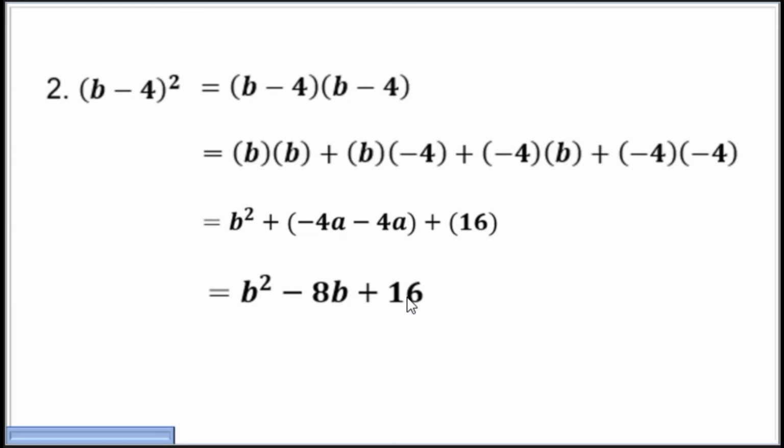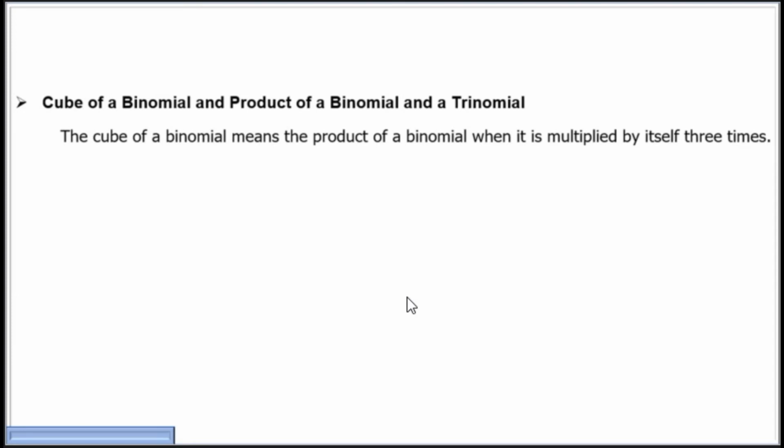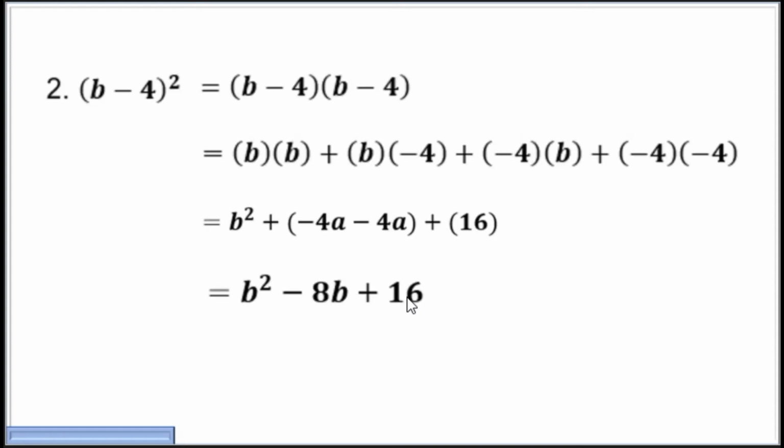Alright, proceed. Cube of a binomial and a product of a binomial and a trinomial. So again, square the first term, b squared. Multiply the first term and the second term, negative 4b, times 2 is negative 8b.